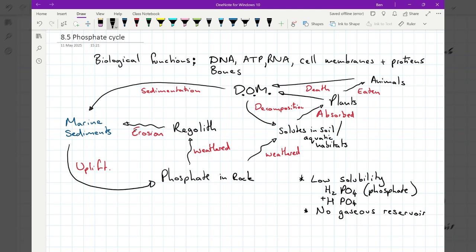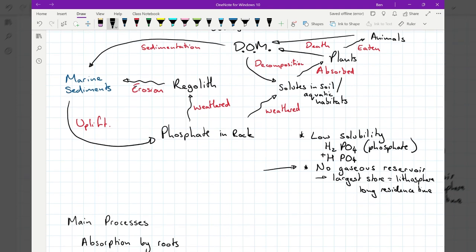So you can see that the largest store is the lithosphere, where it has a long residence time. So this slows down its cycling.